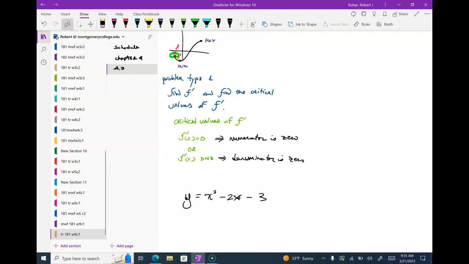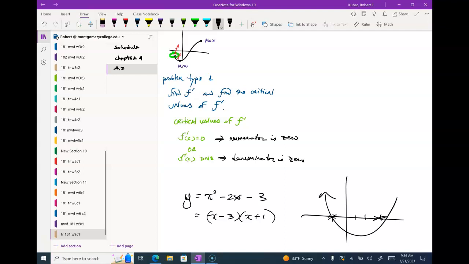All I have to do is find factors of -3 that add to -2. What are they? -3 and +1, right? And then I can see that I'm going to have a 0 at -1 and a 0 at 3, and there's my parabola, right? We've been doing that for a long time.